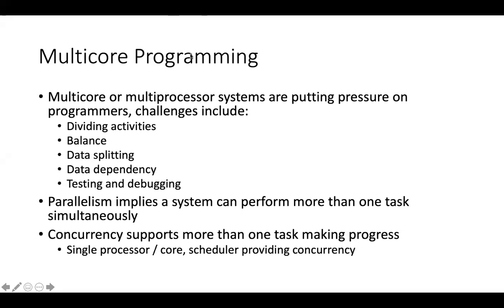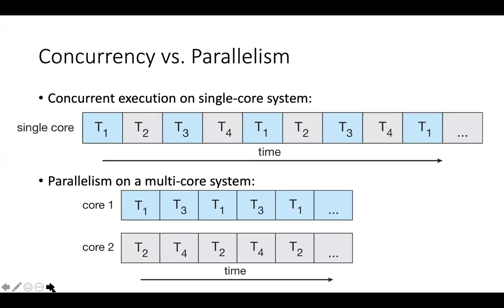And then if we bring it in a diagram, at least it makes more sense to try and visualize what happens in the OS. So we have concurrency versus parallelism, and for the concurrent execution on a single core system, remember a core is just an execution unit, okay? So we have this single execution unit with like 4 tasks happening.